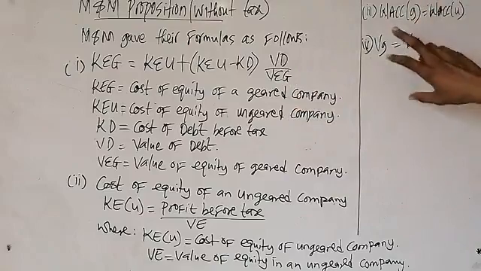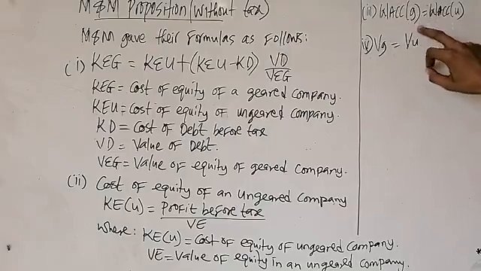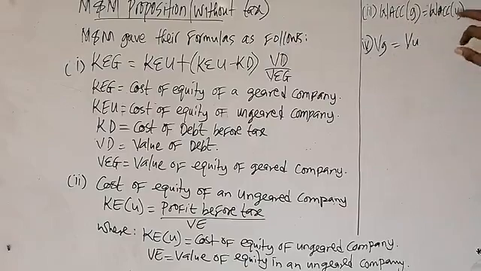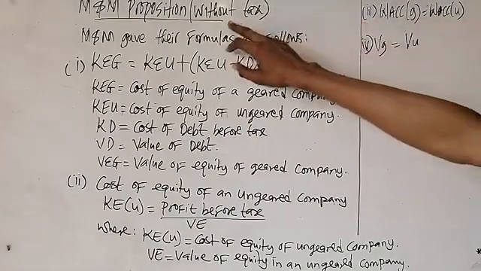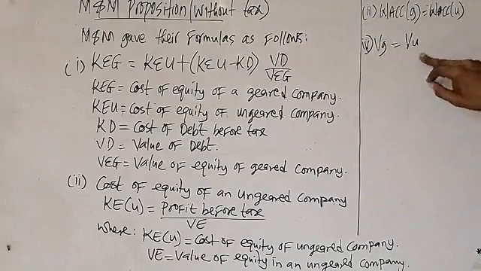So the third one is WACC, the weighted average cost of capital of Z, equals the WACC of unlevered Z, where there is no tax. And VG, the value of Z, equals the value of unlevered Z, where there is no tax.